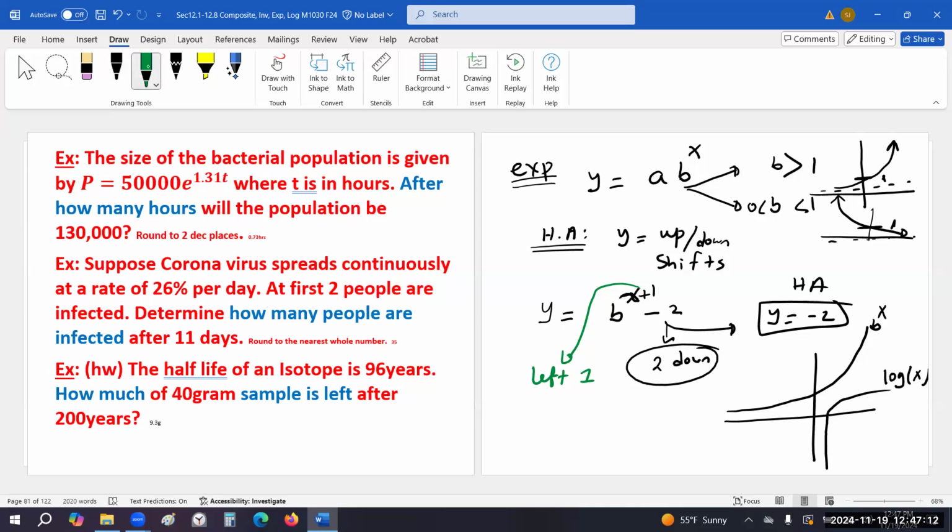So this is our log function. Log has the x value 1, x-intercept, where exponential had y equals 1 as y-intercept. Okay? So this has a horizontal asymptote, log has a vertical asymptote. And now you can relate them, like how they are connected.